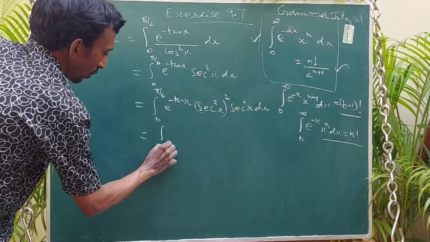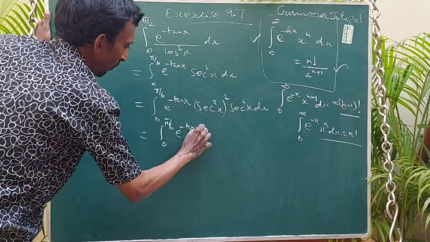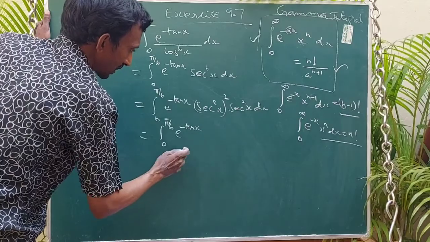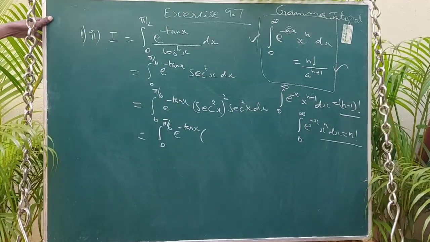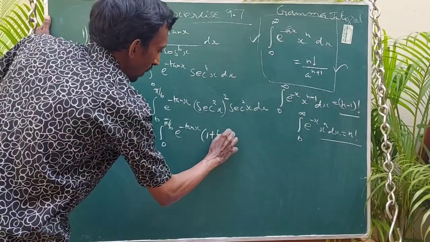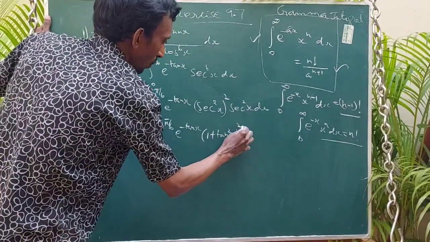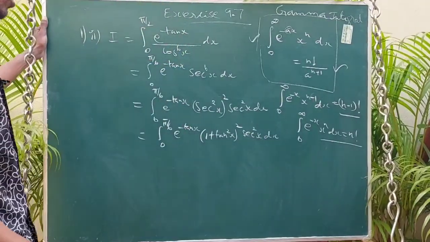So integral 0 to pi by 6 e power minus tan x into, secant square minus tan square is equal to 1, so secant square equal to 1 plus tan square x, the whole square, secant square x dx. Now use the substitution method.